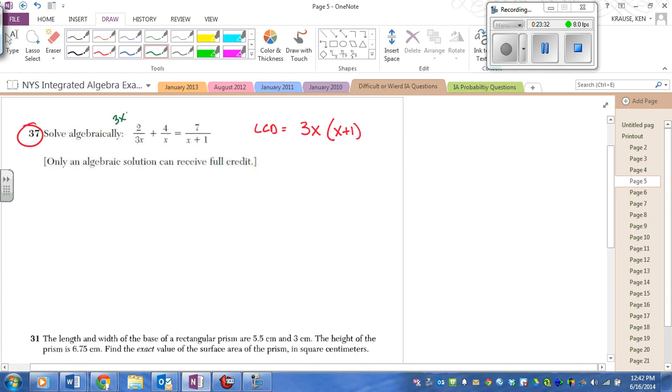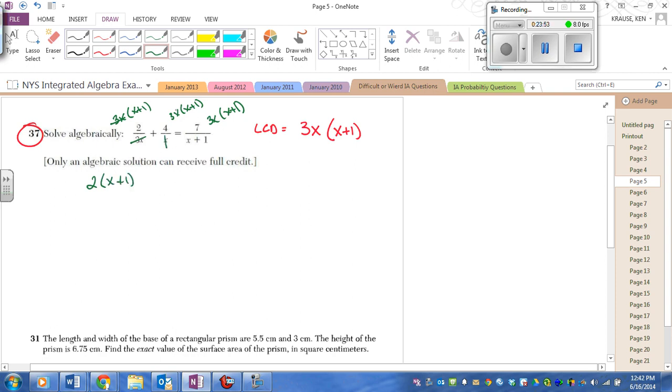Multiply by 3x times x plus 1. This 3x, this 3x, then 2 times x plus 1.